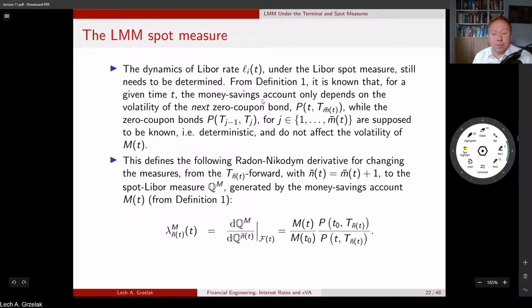Of course, the next step is to take a look at how the dynamics, or how the measure change, will look if we switch from the MT measure to MT plus 1. And here actually I'm defining MT plus 1 as N bar T. So we have two measures: MT, corresponding to, of course, our numeraire, and then we have MT plus 1.